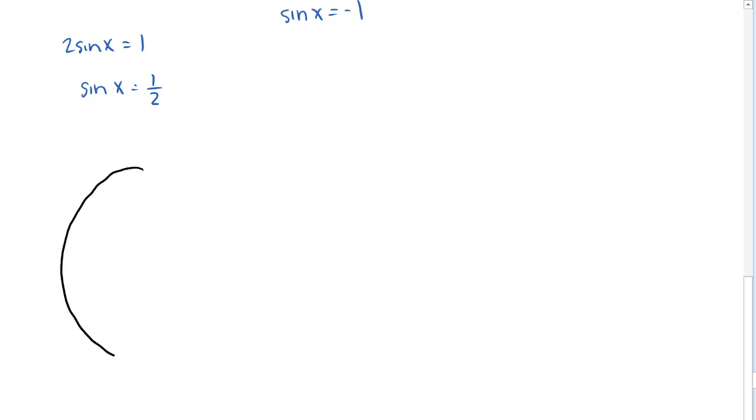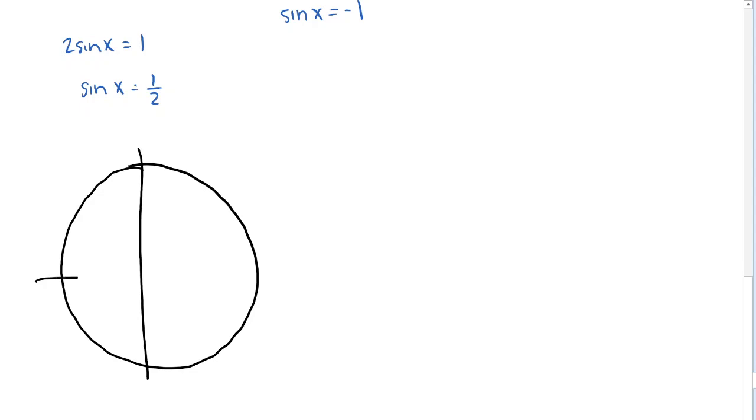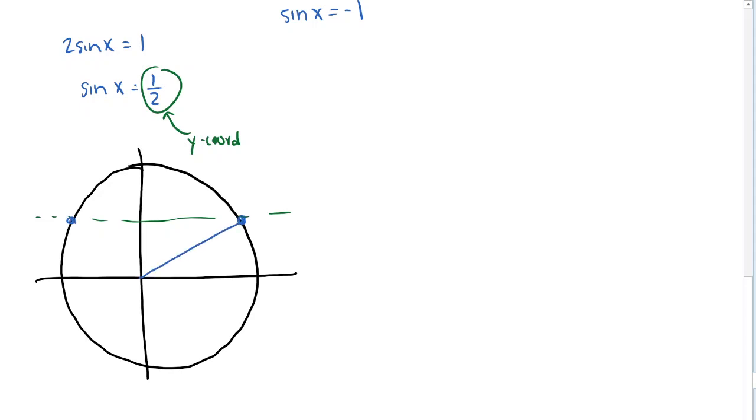If we draw out the unit circle, we're looking for angles that lead to a y coordinate of 1/2. Right, so here's a y coordinate of 1/2. Any angle that brings us to either of these two positions is going to be a solution angle. And so one such angle is pi over 6, but of course its coterminal angles are also solutions.